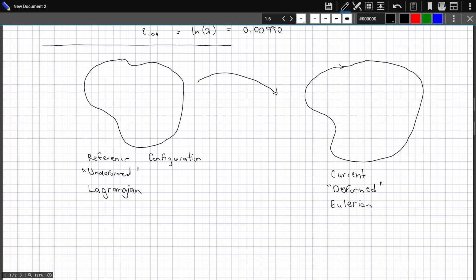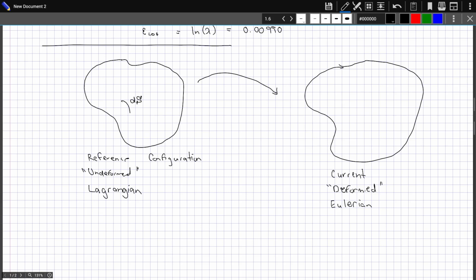Okay, and so the goal of kinematics, ultimately to develop strain measures, is to track line segments, right? Because if I can track a line segment, and in this case, we're interested in infinitesimal line segments.